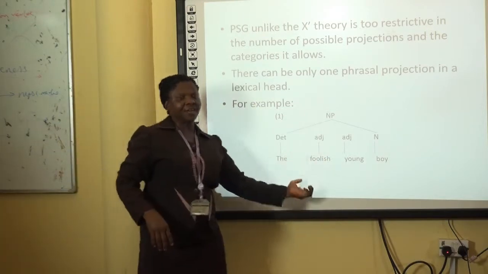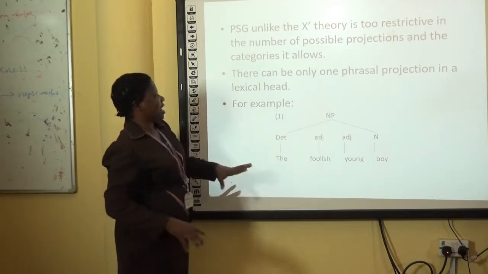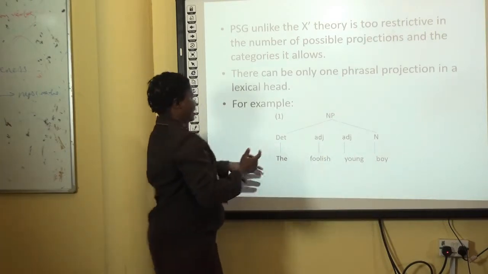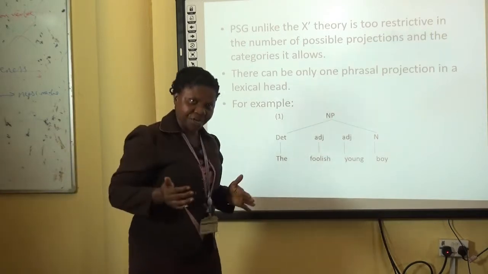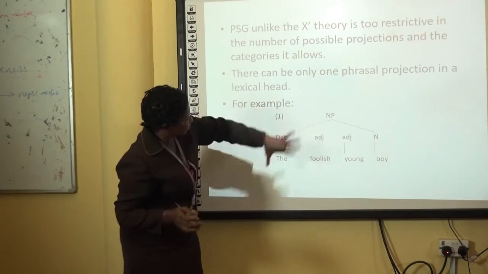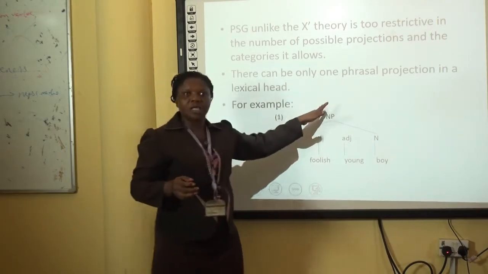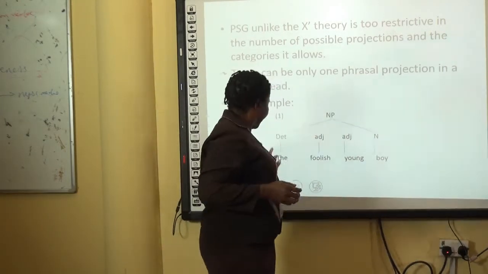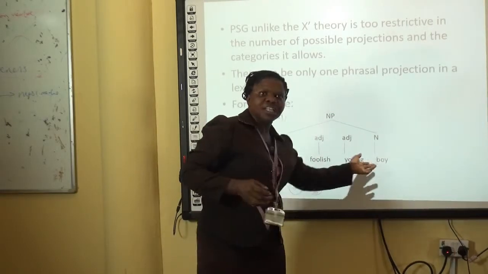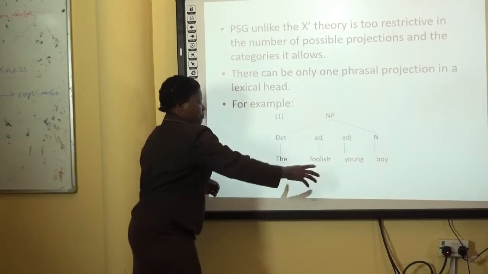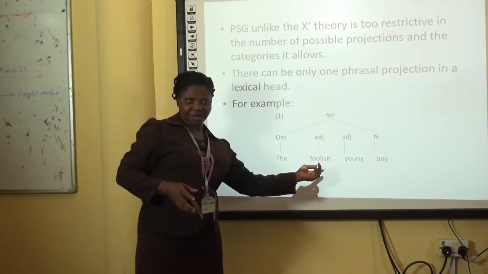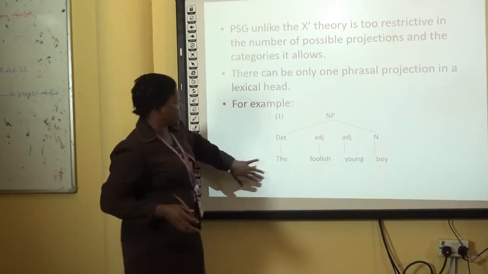Everything borders on that NP, and there is no intermediate category. This is called the maximal category, and all these are called the minimal category. So the maximal category is directly projected to the minimal category without any intermediate.